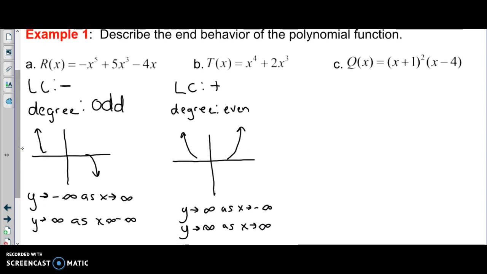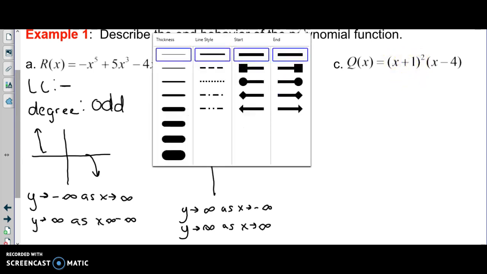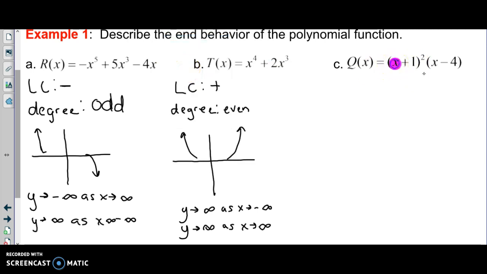Then let's look at the last one, which is C. With this one, I know I may need to FOIL and I can combine these x's. If I do that, it gives me the x term of whatever may happen. So I know the leading coefficient sign is going to be positive. I also know the degree, and my degree is going to be odd.